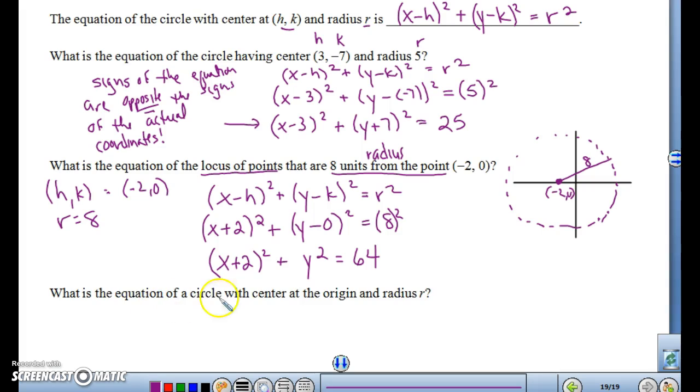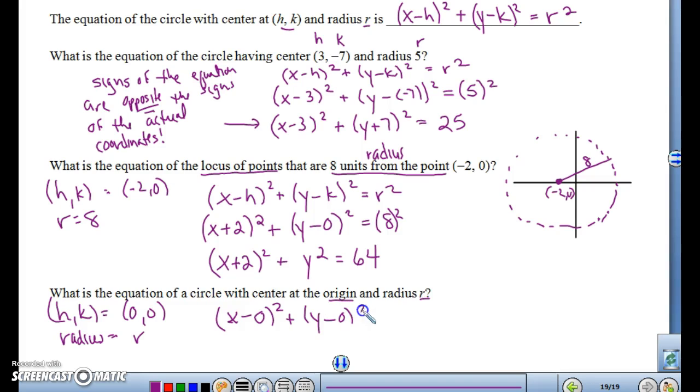Now, what is the equation of a circle with center at the origin and the radius of r? All right, so your center at the origin makes h, k what value? It would actually be 0, 0. The origin's at 0, 0. And the radius is equal to r. So what does that give you for the equation? (x minus 0) quantity squared plus (y minus 0) quantity squared is equal to r squared, or x squared plus y squared equals r squared.